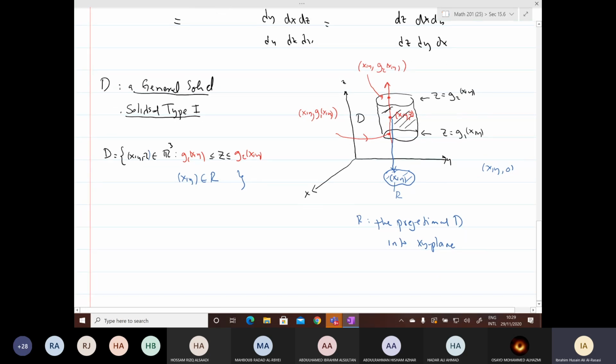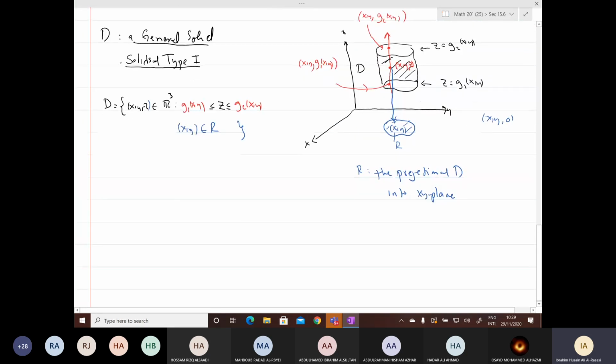Now, when you make the description here, how do you set up the limits of integration? For the triple integral over D of f dV, if D is a solid of type 1, between a lower surface and an upper surface in Z, you have to integrate first with respect to Z, the inner integral of f(x, y, z) dz.